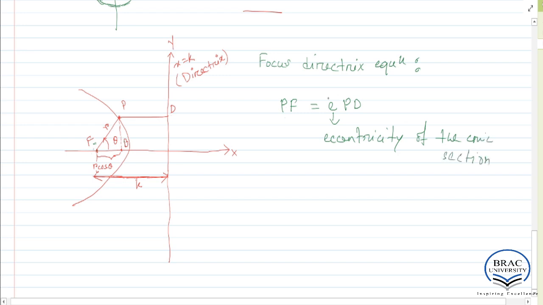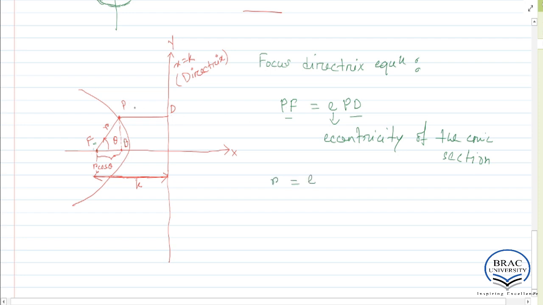Now what is PF and what is PD in terms of polar coordinates? PF is simply the radial coordinate r, as we can see very clearly from the picture that PF is just r.